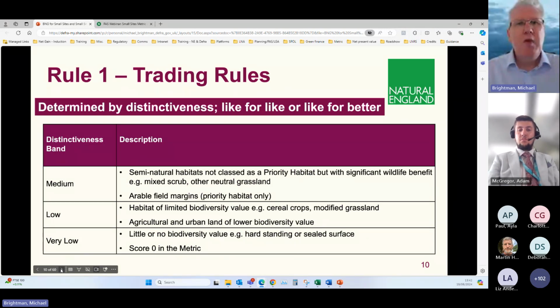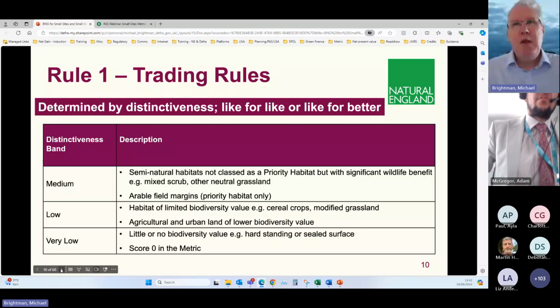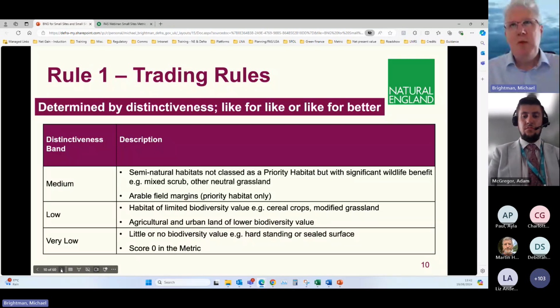So the small sites metric includes habitats that are very low, low and medium in distinctiveness, and the compensation has to be like for like or like for better. So that means where you have a loss of low distinctiveness habitat, you can compensate for that by means of other low distinctiveness habitat or any higher distinctiveness habitat.